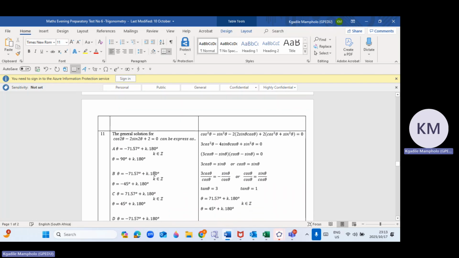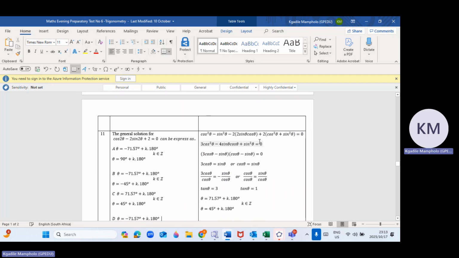Number 11. In number 9, we changed the double angle of cos to the cos one because in the middle we had cos. In number 10, you changed to sine because in the middle we had sine. But here you have both, because sine 2 theta is the same as 2 sine theta cos theta.